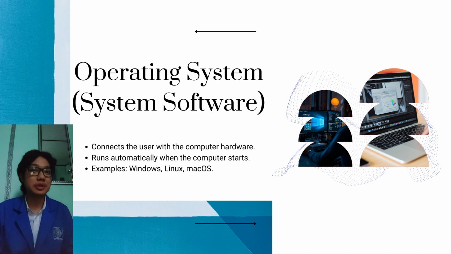It helps us use the computer easily without knowing the complex details inside. Examples include Windows, Linux, and macOS. Without an operating system, it would be very difficult to use a computer.